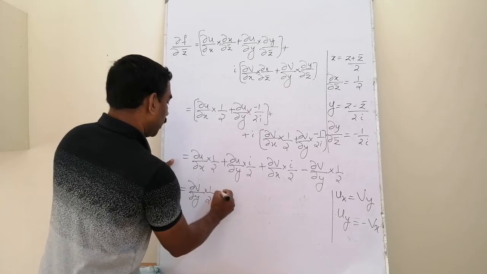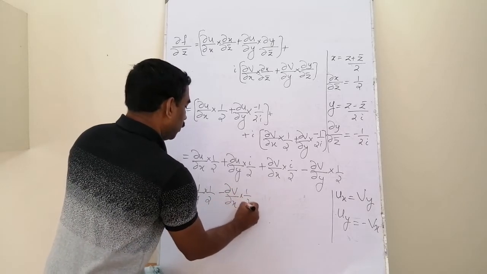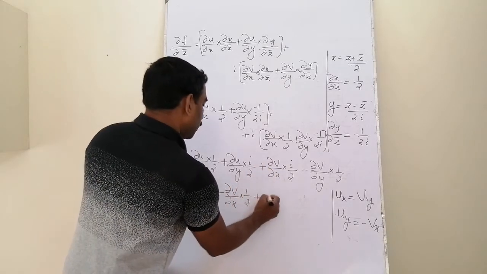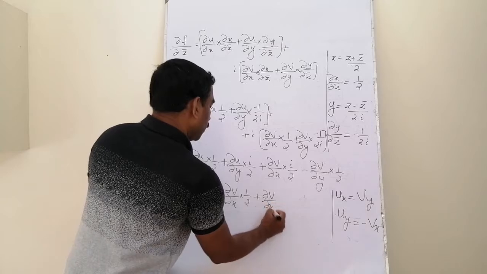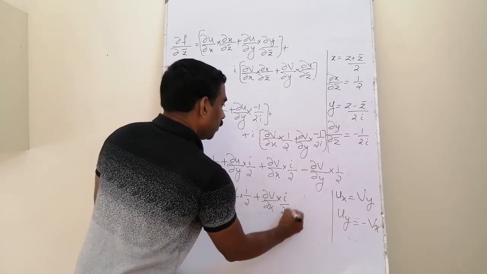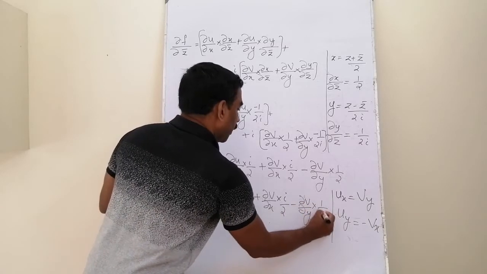So this can be replaced by minus ∂v/∂x into i by 2, and retaining all partial derivatives with respect to v, plus ∂v/∂x, this is i by 2 into i by 2 minus ∂v/∂y into 1 by 2.